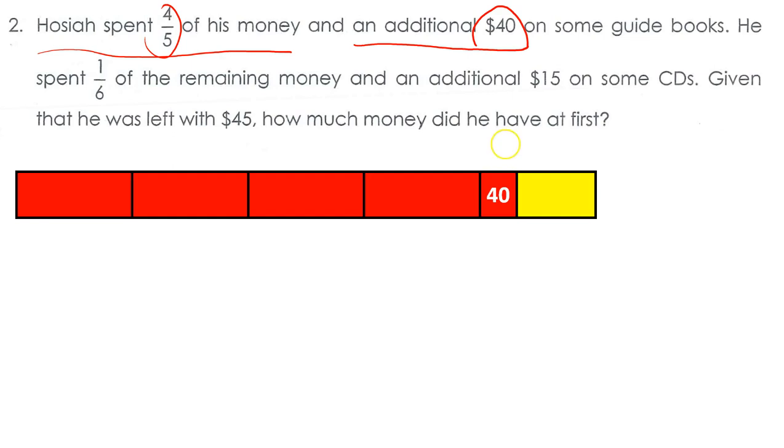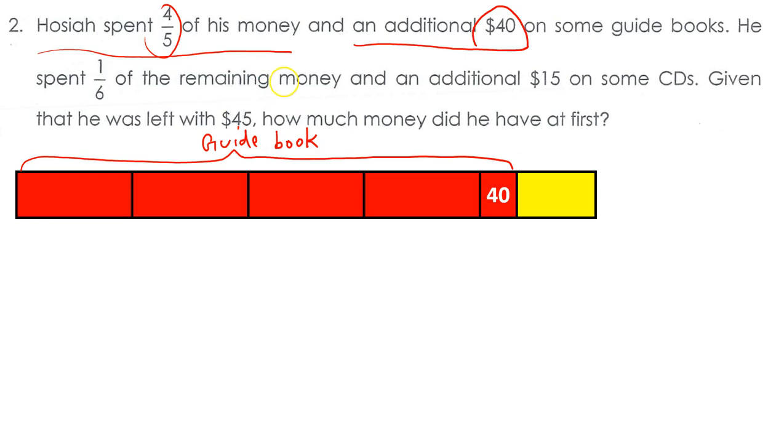So we just draw an imaginary size box, 40. So all these are actually, let me just put an arrow on top, and all this in red are actually for the guidebook. So I just label and say that this is for guidebook.